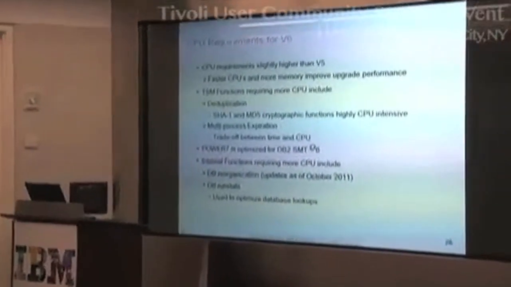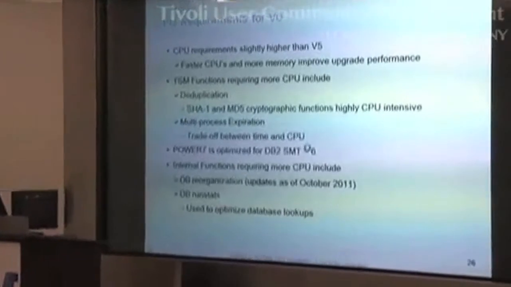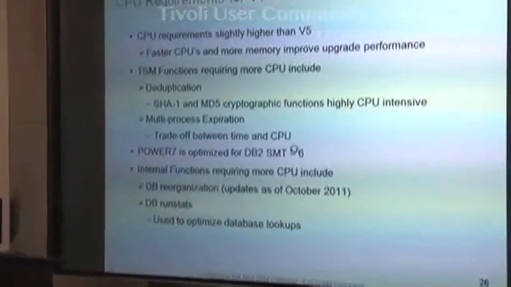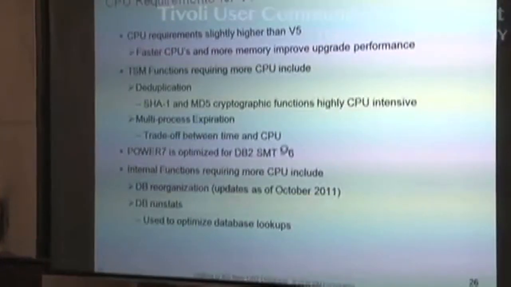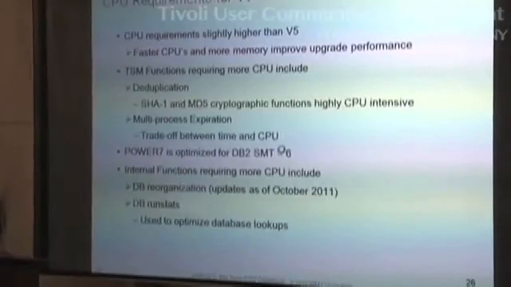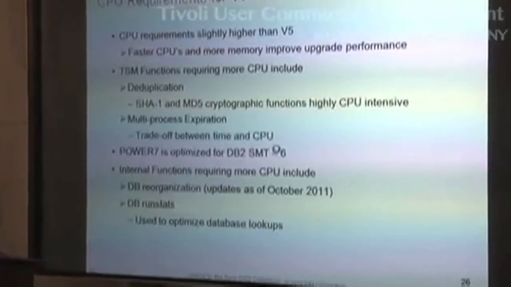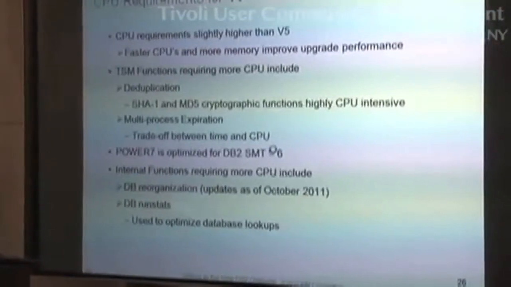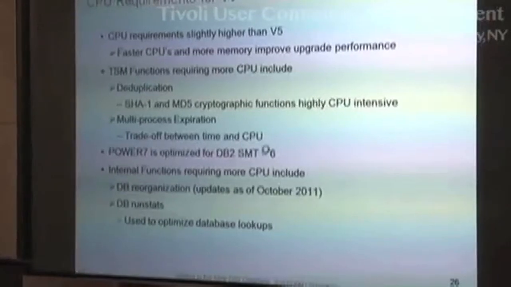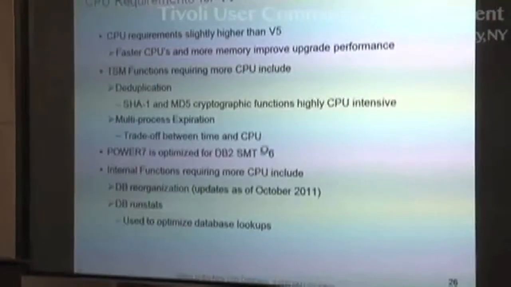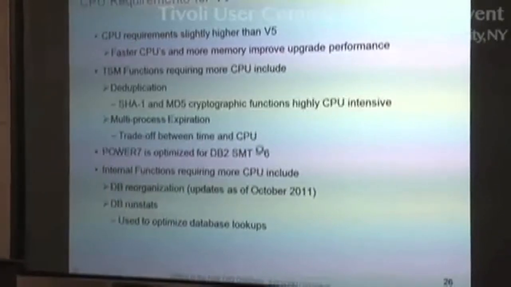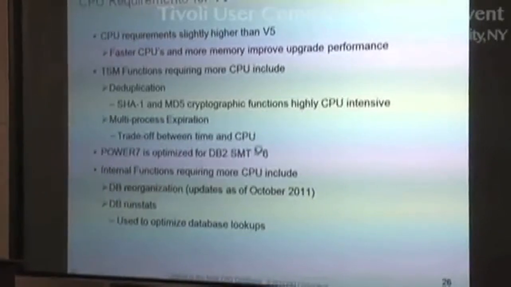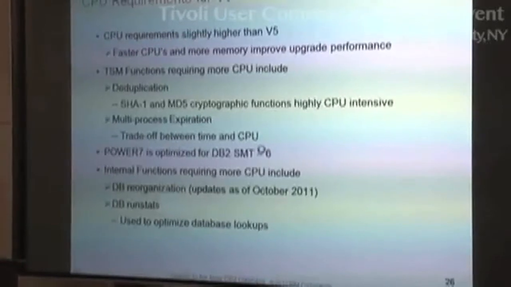The way it works, and I'll get into it later, is that it runs a separate process, an admin process, and it is tied to the available CPUs. And that determines your rate of deduplication performance. So the faster the processors and the higher the quantity, the better off you are, particularly if you're going to be running any type of deduplication.